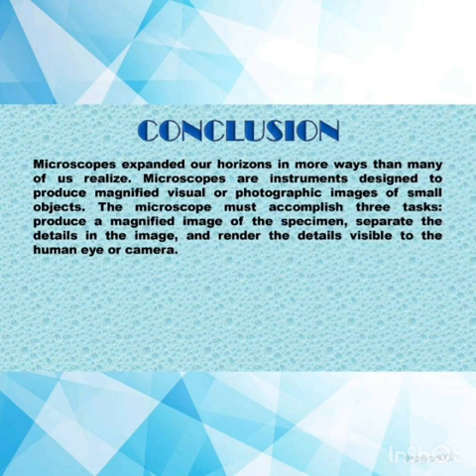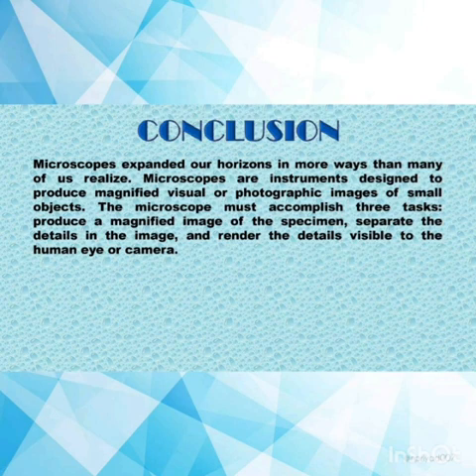So, from the above discussion, we can conclude that microscopes expanded our horizons in more ways than many of us realize. Microscopes are instruments designed to produce magnified visual or photographic images of small objects.